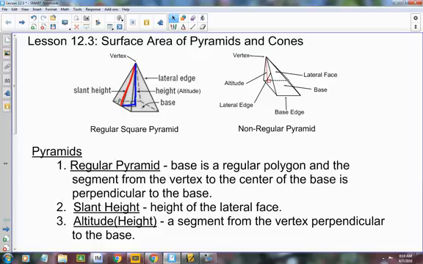You can get another right triangle with the lateral edge, the height, and then the radius, what goes from the center to the vertex. You see you get another little right triangle right there, and so you might have to utilize those. Here's another one. That would be a little right triangle as well.